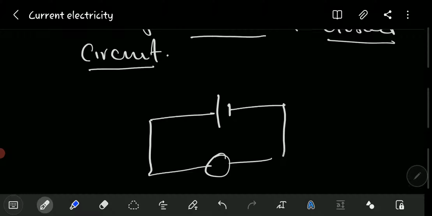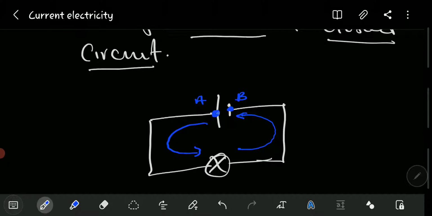What does this mean? It means that if we have a cell and a lamp, the EMF is the work done in moving a 1 coulomb charge from, let's say, this point will be point A and this point will be point B. So how much work is needed to move a 1 coulomb charge from point A around and back to the battery?